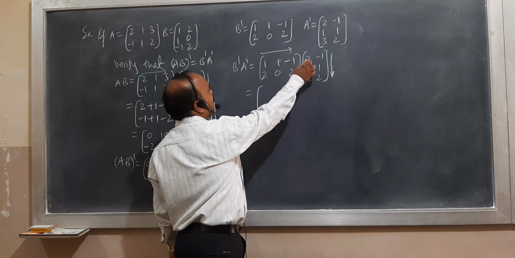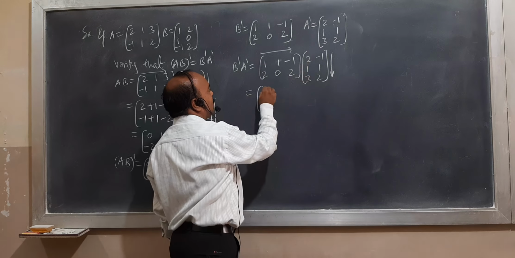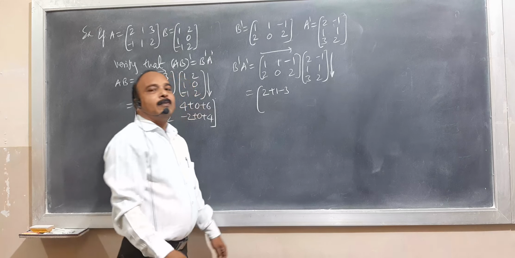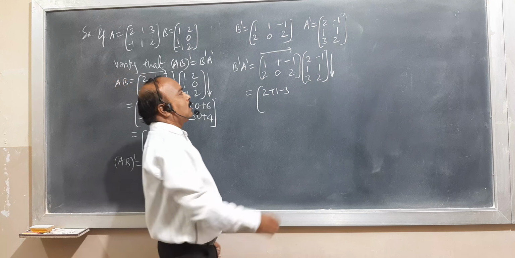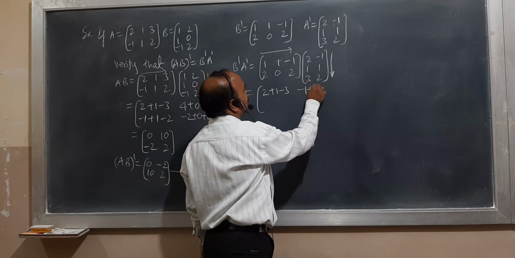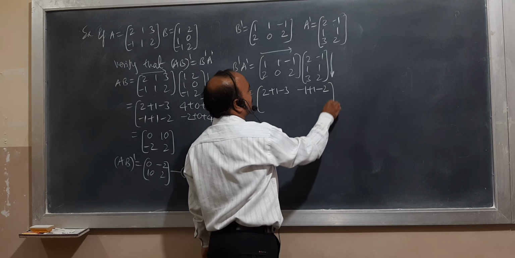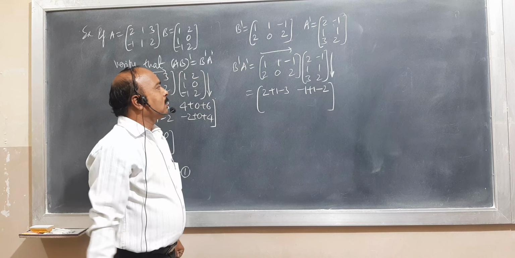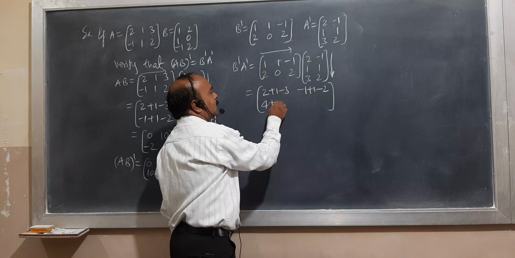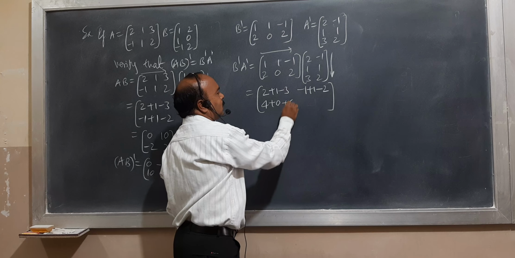Now it is first row with first column. 2 into 1 is 2, 1 into 1 is 1, minus 1 into 3 is minus 3. Next, 1 into minus 1, minus 1, 1 into 1 is 1, it is minus 2. Next, 2 into 2 is 4, 0 into 1 is 0, 2 into 3 is 6.